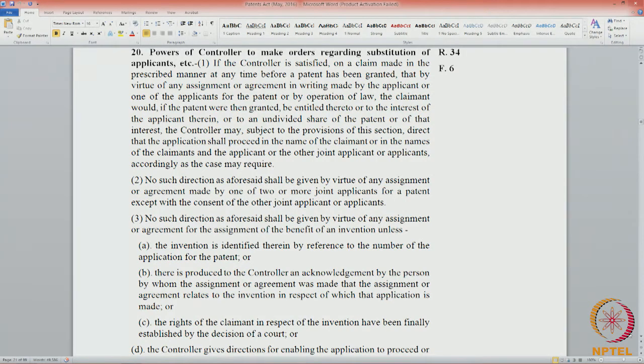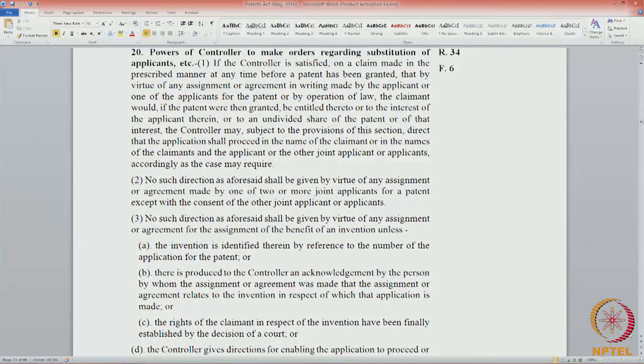If the controller needs to give a direction, this provision requires the claimant to make an application to the controller under Form 6, and the controller will have to give a direction. So, the direction is what is being sought under this provision. 22 says that the controller will not give the direction till the consent of all the joint applicants is received.